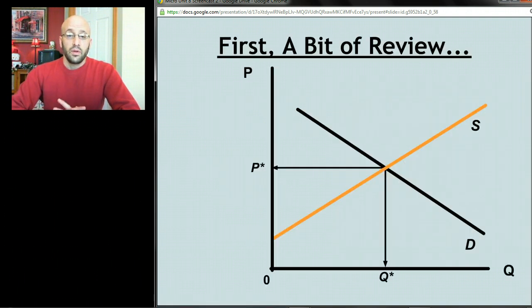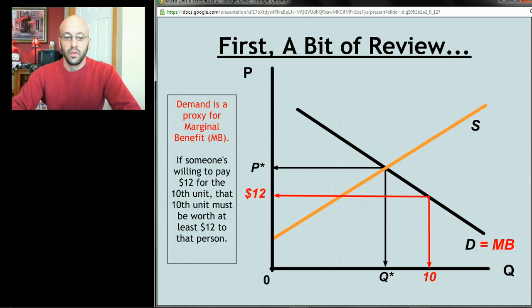All right, so first a little bit of review. When I showed you a supply and demand curve for pretty much anything, those supply and demand curves were supposed to represent something. Demand is supposed to be a proxy for marginal benefit. So in other words, if someone's willing to pay like $12 for the 10th unit, which is what this demand curve is showing, what that means is that that 10th unit must be worth at least $12 to that person.